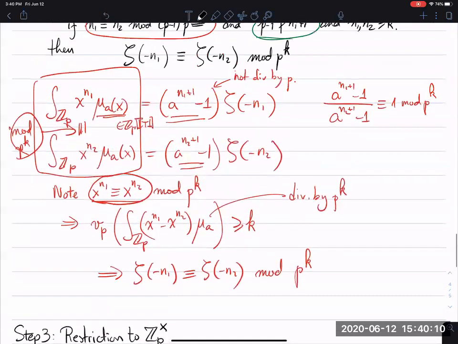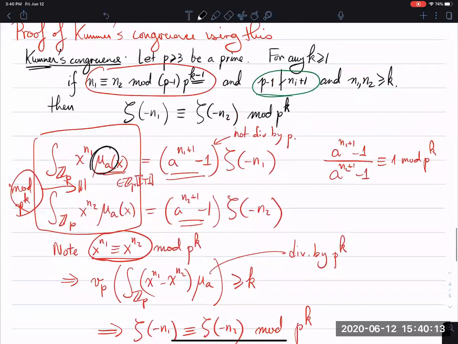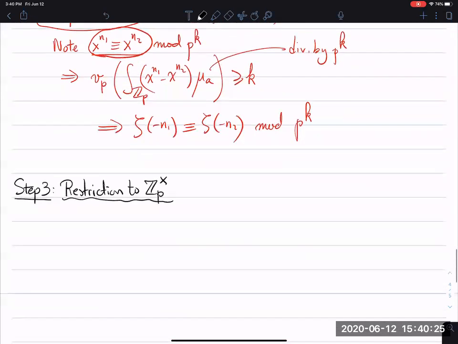I have my mu a, the measure here, which is a measure on Z_p. The correct p-adic zeta function is the restriction of this p-adic measure to Z_p cross. So let me give a definition first, and then I'll give some reason why we want to do this. So the p-adic zeta function.